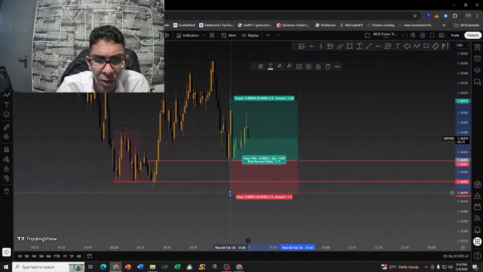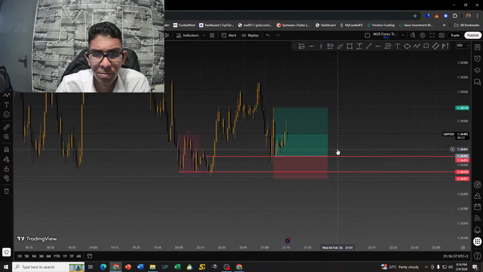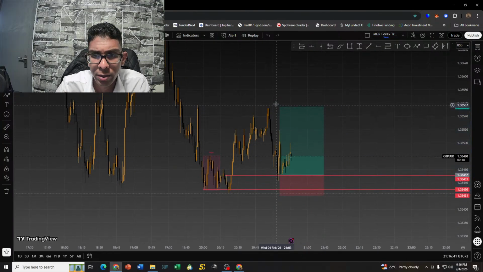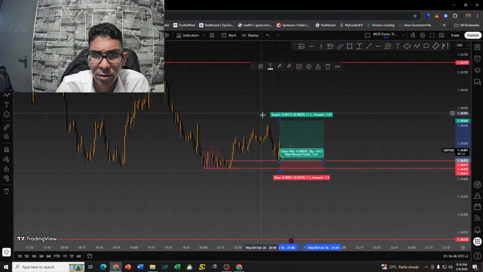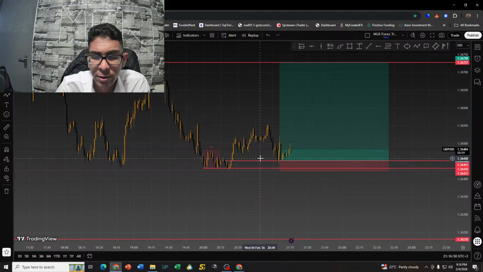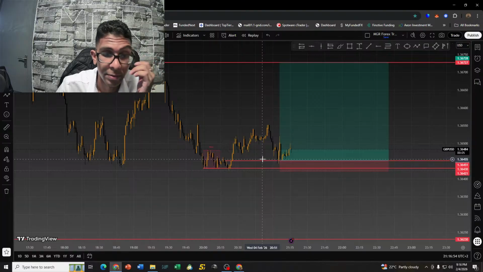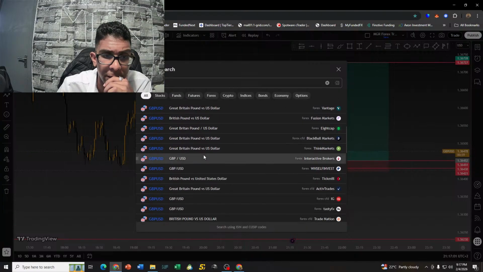You're looking for a 1 to 2, my apologies, minimum a 1 to 2 risk to reward ratio, but this is what we're looking at. Let's see what happens, shall we? Alright, not too bad, not too shabby.